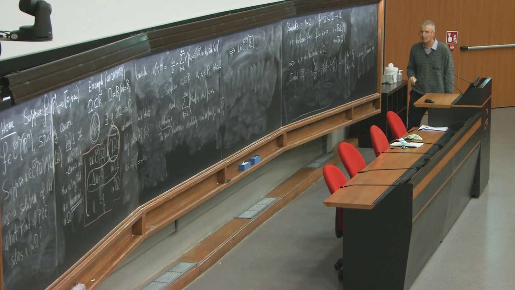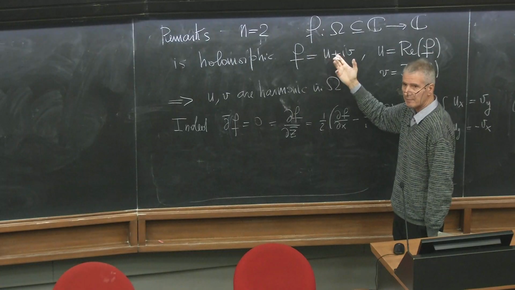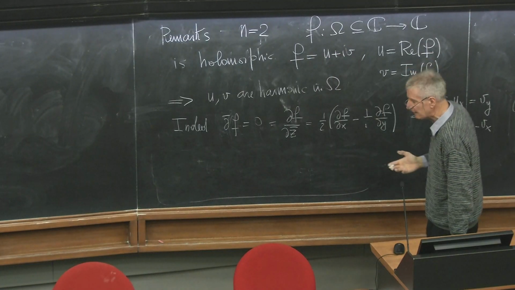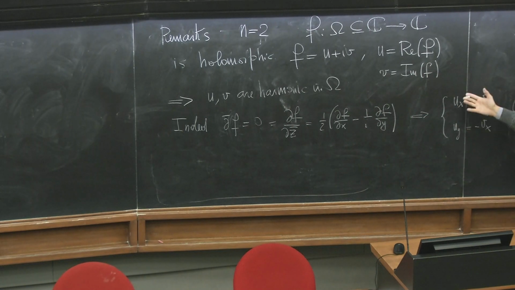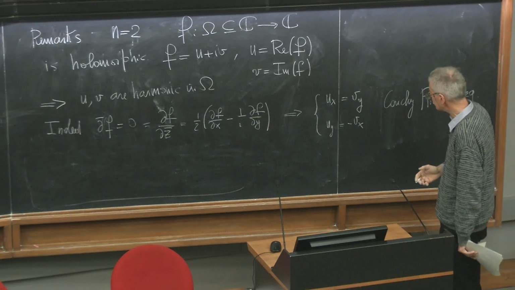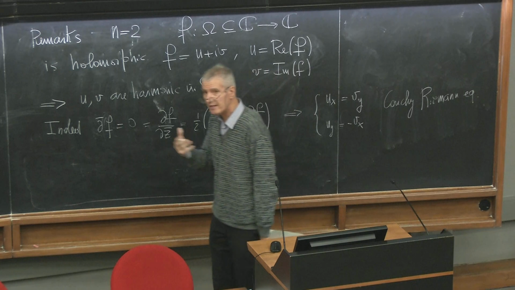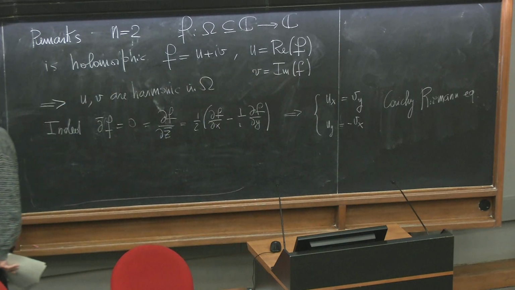So if f is holomorphic, then we write it as a real part plus i times an imaginary part. Then we know that they are related by this system of first order PDEs. And we know also that u and v are very smooth, actually analytic, more than C1.